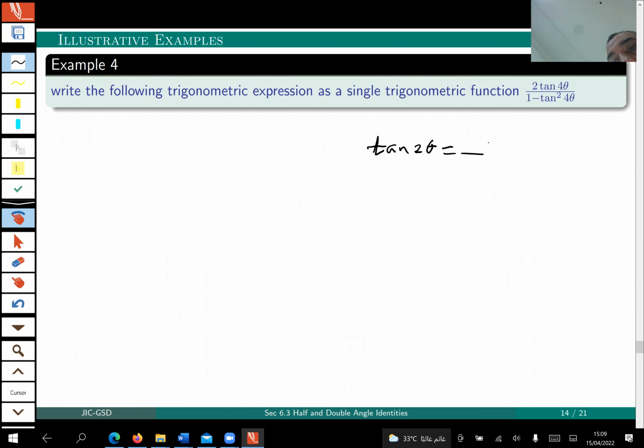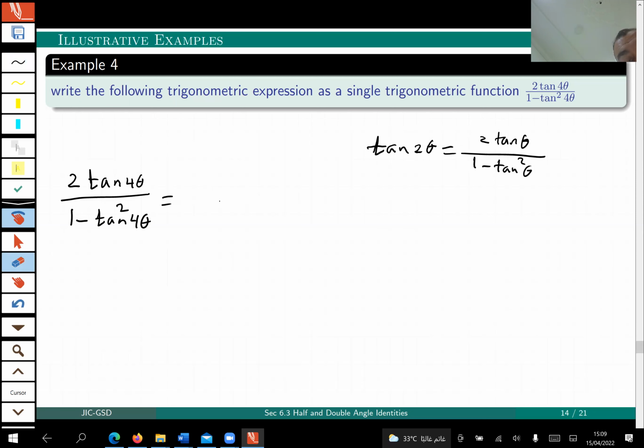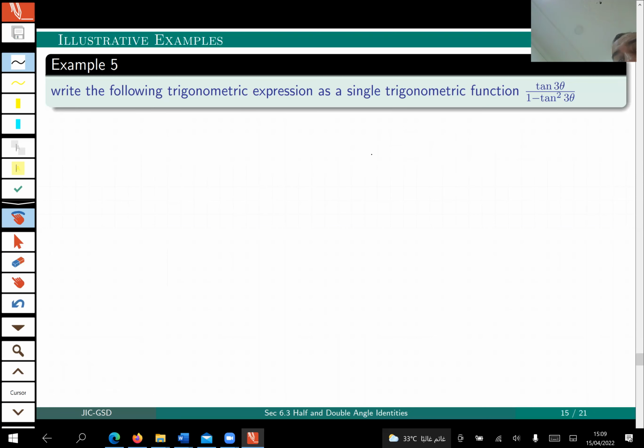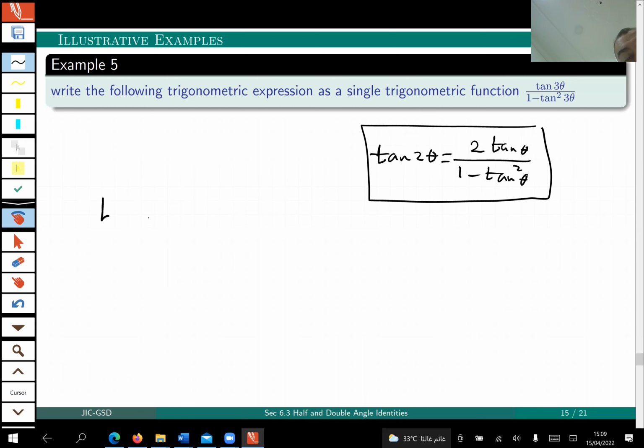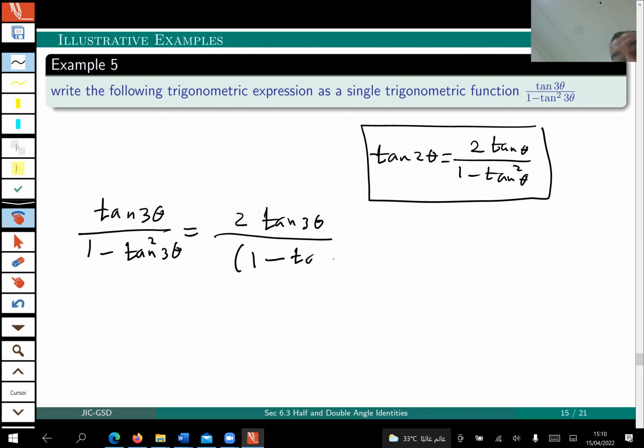The identity for tan 2 theta is 2 times tan theta over 1 minus tan squared theta. So I have 2 times tan 4 theta divided by 1 minus tan squared 4 theta. Similarly here, what I have is tan 3 theta over 1 minus tan squared of 3 theta, but the rule needs the 2 in the numerator.